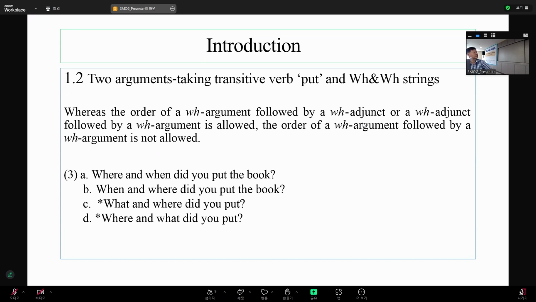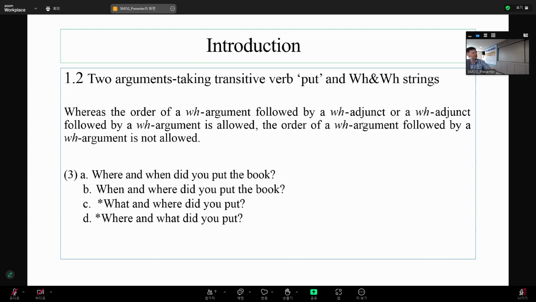1.2. Two arguments should take a ditransitive verb, for example, put, and the Wh strings. This is a little characteristic. Whereas an argument followed by an adjunct or an adjunct followed by an argument is allowed, an argument followed by an argument is not allowed.